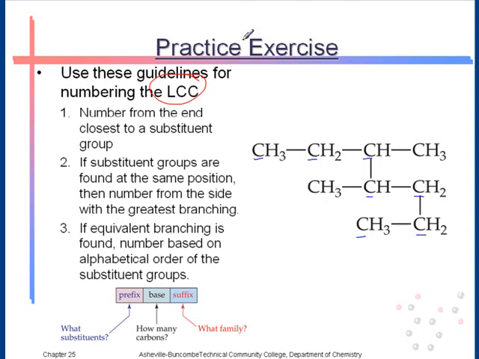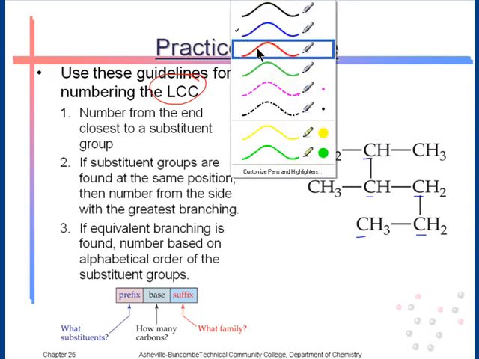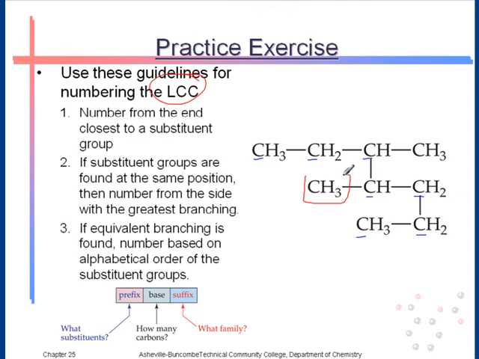And then notice there are two of these that are not highlighted in blue. I want to put a box around these. These are the substituent groups. Okay, so I found the longest carbon chain. Let's look at how we number it, because numbering from this end and numbering from this end is going to establish two different sets of numbers for these two substituent groups.